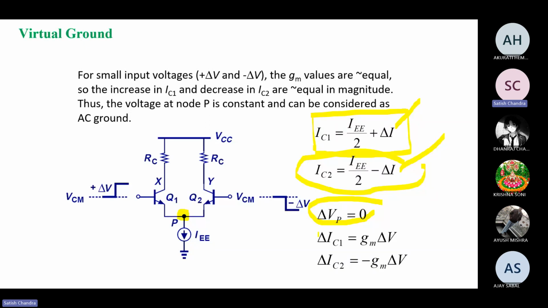That is why if I look at the delta IC changes, for Q1 the collector current will be gm delta V, whereas for Q2 the collector current will be minus gm delta V. That is what we are going to get basically if we do the DC analysis, we are going to get this equation.